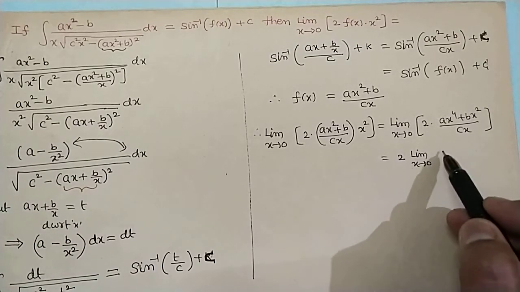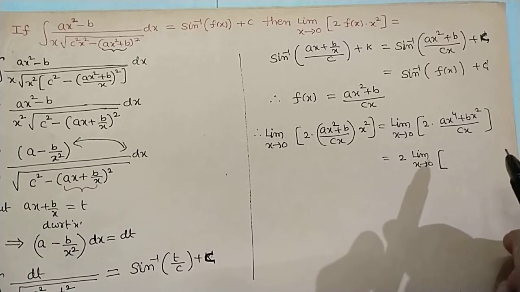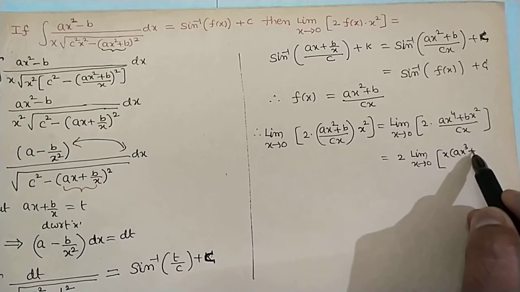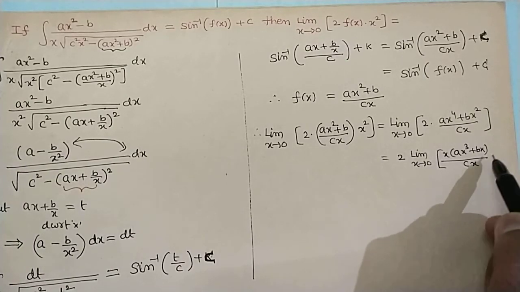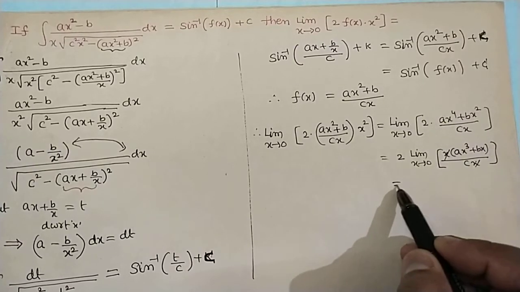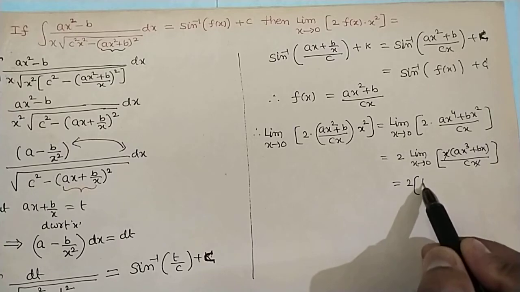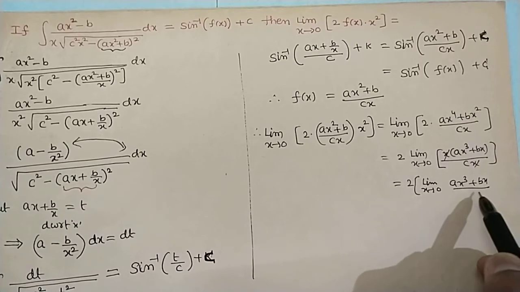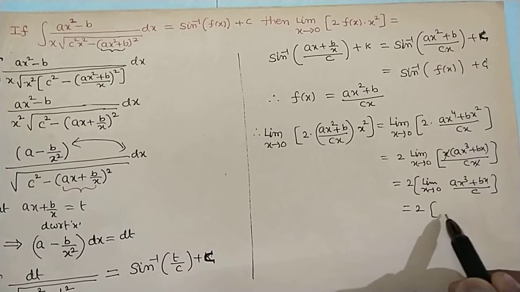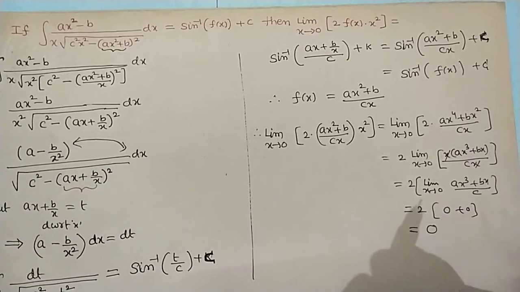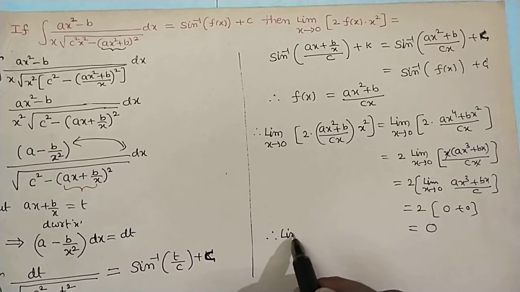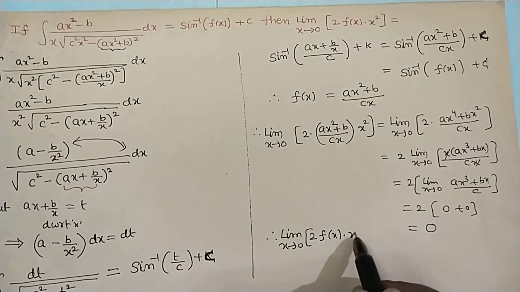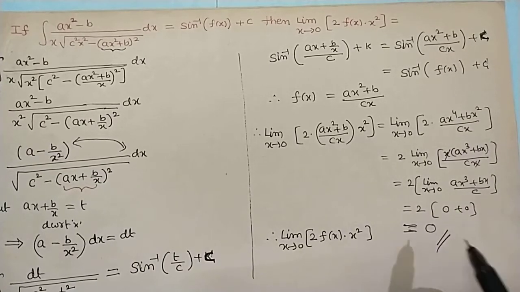Take common x from the numerator: (ax cube plus bx) divided by c, where x gets cancelled. So limit x tends to 0 of (ax cube plus bx) by c into x is equal to 2 into 0 plus 0, which is 0. Therefore, limit x tends to 0 of 2 into f of x into x square is equal to 0.